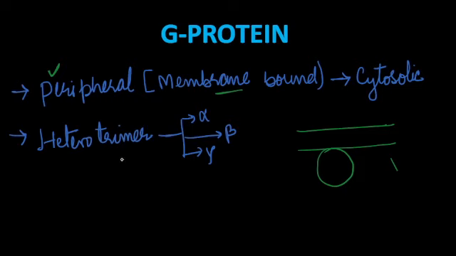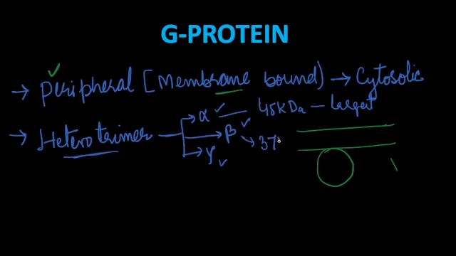Remember, as I told you, it's a heterotrimer. That means it has three subunits, alpha, beta, and gamma, with different molecular weights. Alpha has a molecular weight of 45 kilodalton, so this is the largest one. If we talk about the beta subunit, the molecular weight is 37 kilodalton.